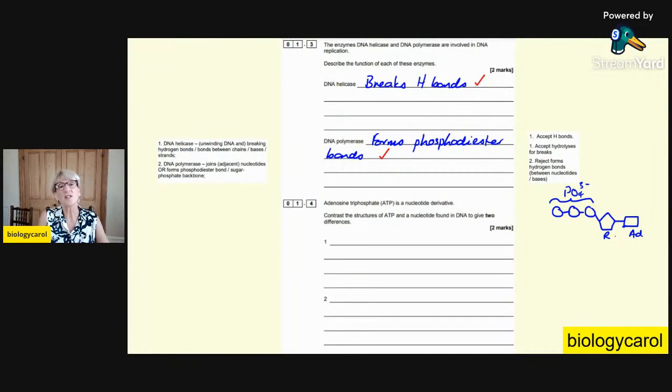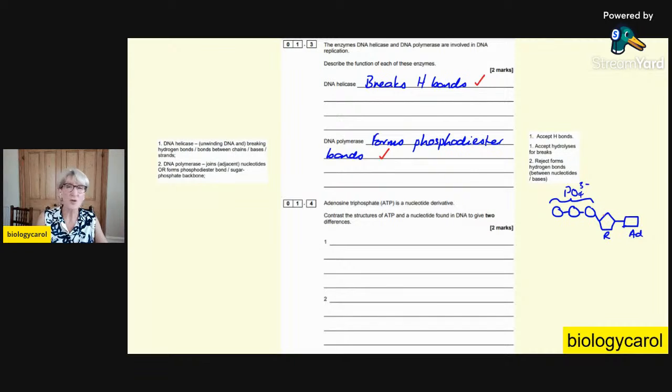So if we've got this structure in front of us, hopefully we can see that there are at least 2 major differences between them. First of all, the pentose sugar in ATP is ribose, whereas in a DNA nucleotide, it would be deoxyribose.